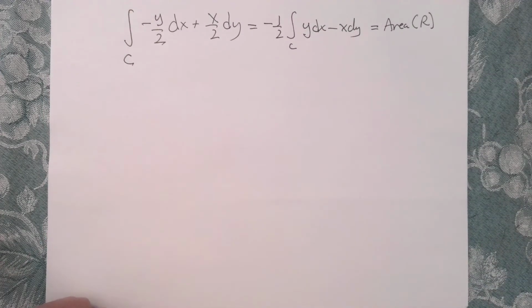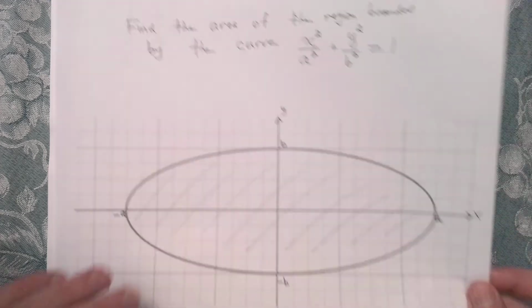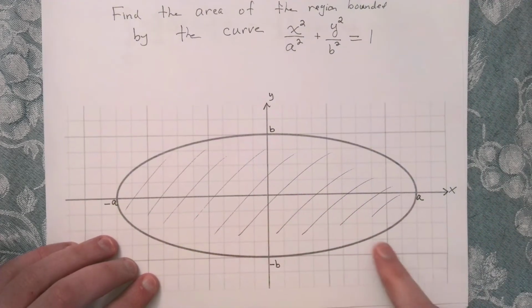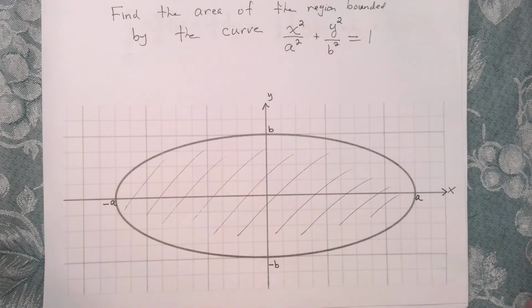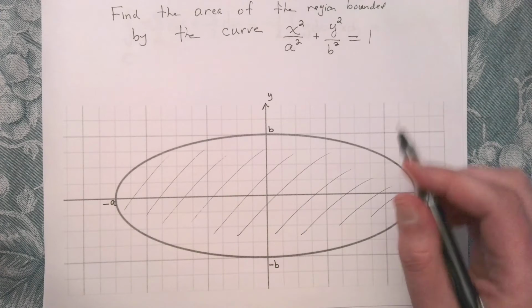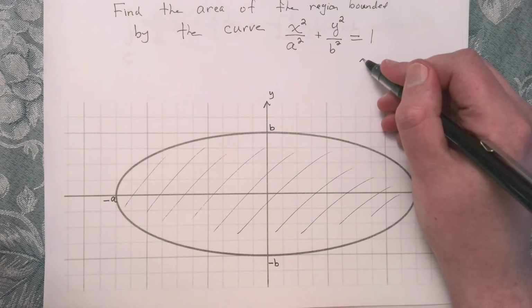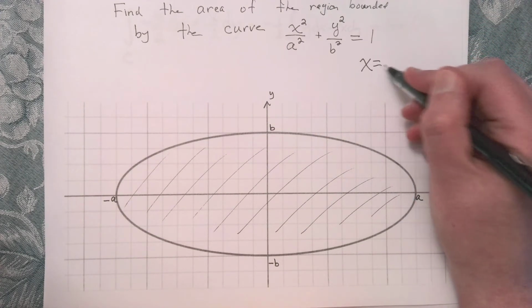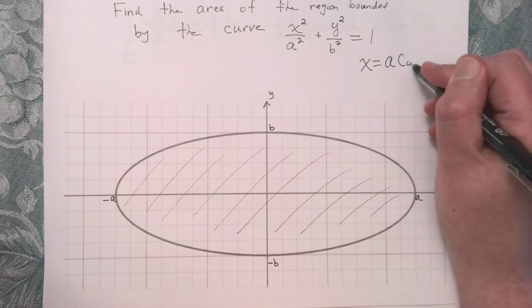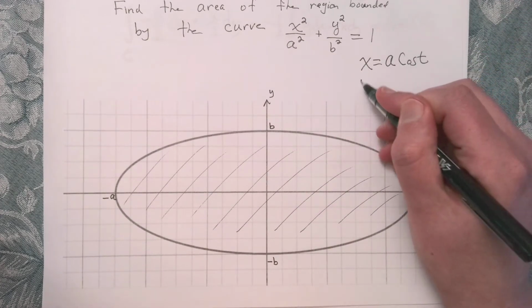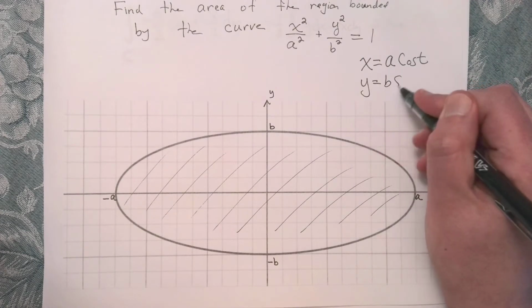Okay, so what are we interested in? We are interested in exactly this. So what we want to do is take this boundary curve here and parameterize it. And to do that, we could use the following, which is classic. We could say x is equal to a cosine of t, y is equal to b sine of t.